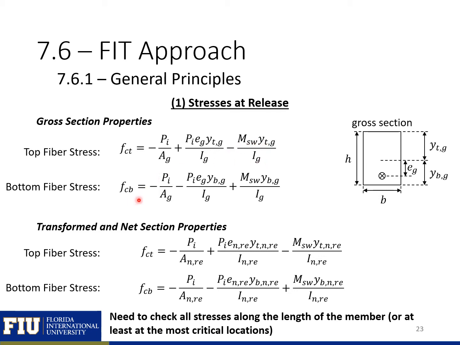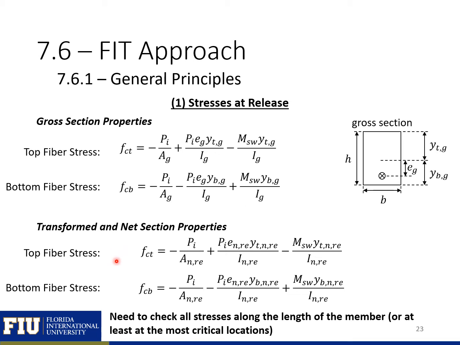So in our bottom fiber, our axial stress is still compression. Like I said, the flexural stress from our strand eccentricity will be compression in the bottom fiber, so minus here. And our applied moments are going to cause tension in the bottom, so we have a plus MY over I component here.